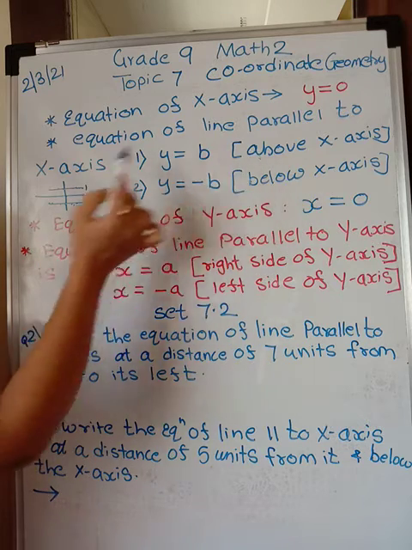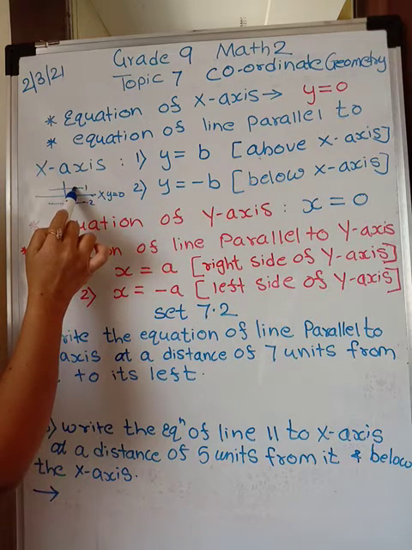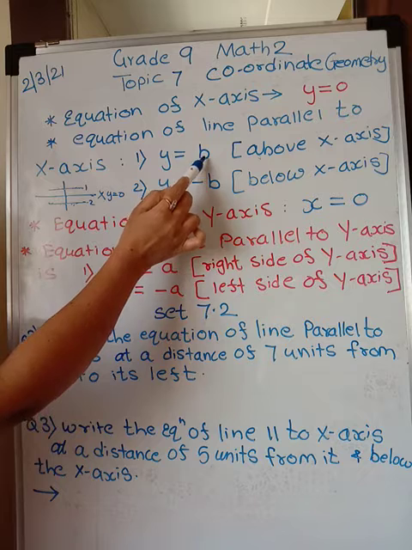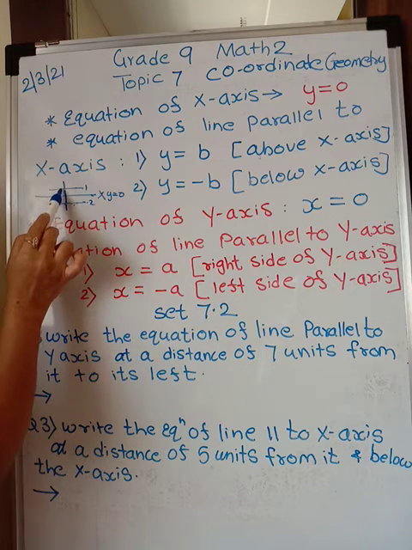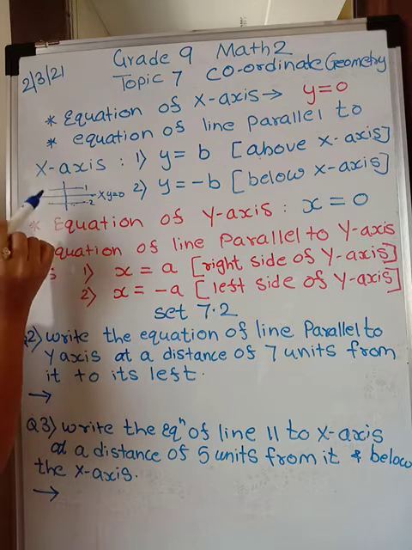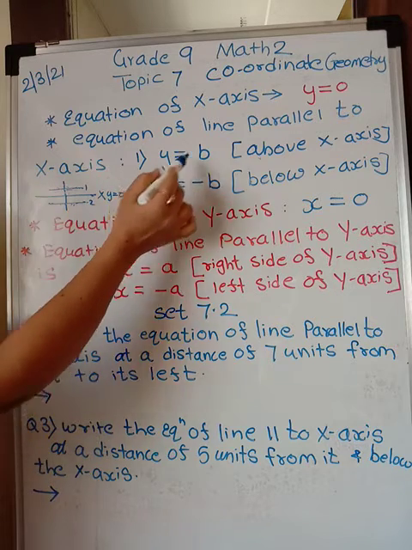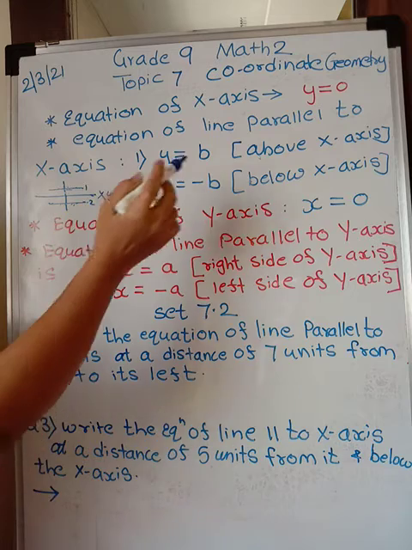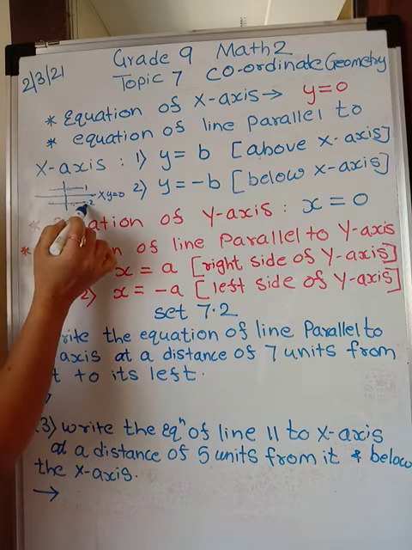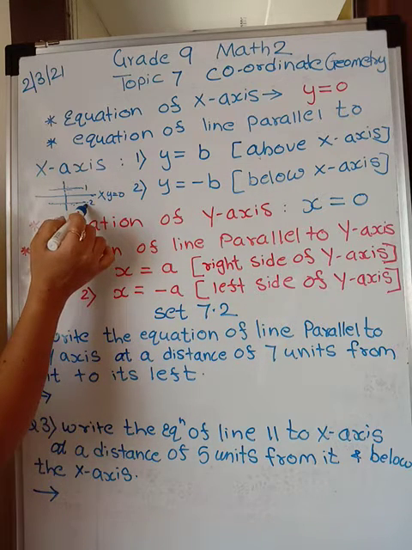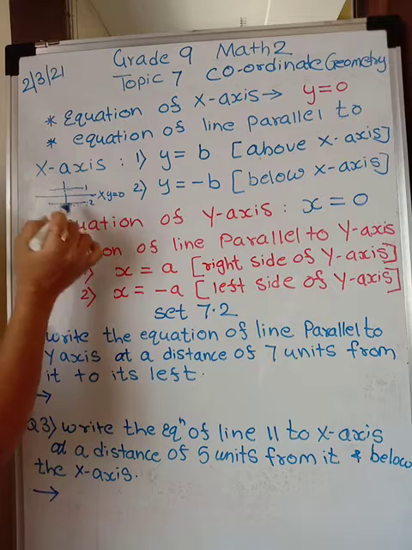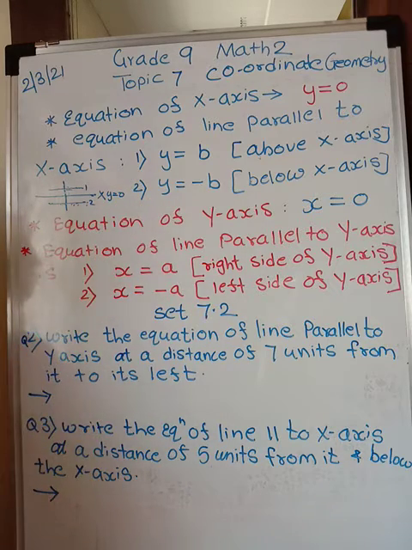If the line is above the x-axis, then its equation is y is equal to b, where b will be any number or value which is over here. For example, if it is 1 over here and if it is 2 over here, we will say y is equal to 2.